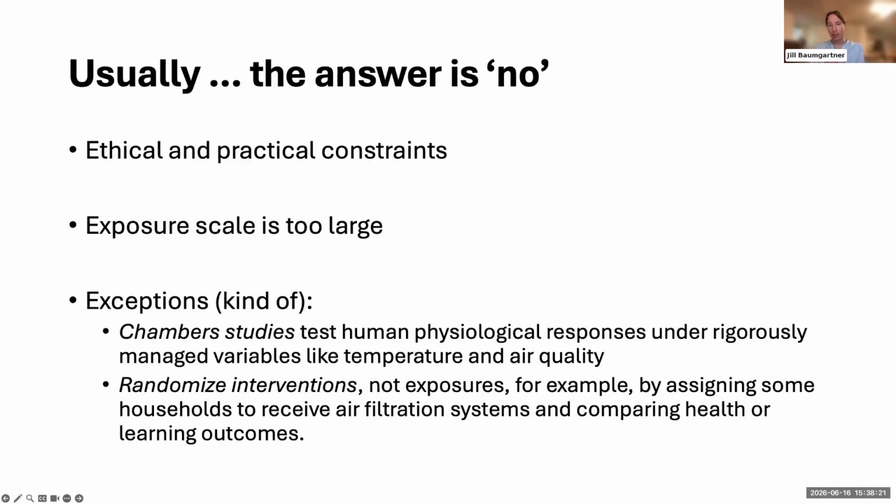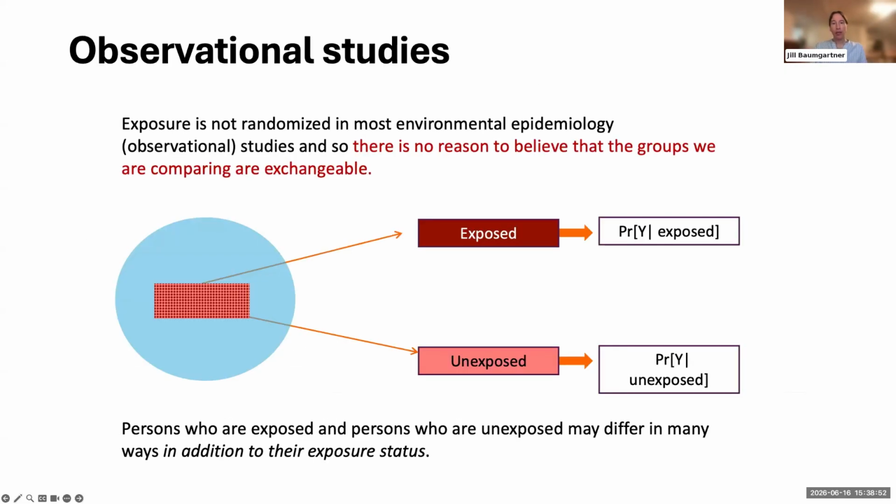So there are some cases where we can randomly assign an intervention, and that is in some ways randomly assigning an exposure because you're making the assumption that this intervention is going to reduce exposure or change exposure in some way, usually towards a benefit. And then you're evaluating health impacts under that controlled scenario. So with the intervention versus not with the intervention. But for the most part, we can't randomize.